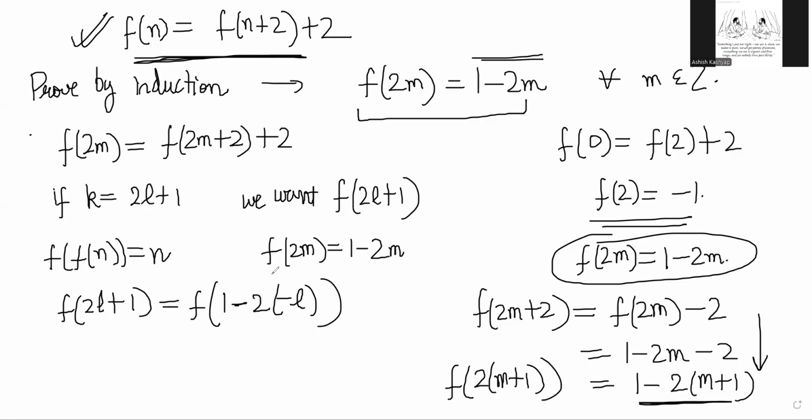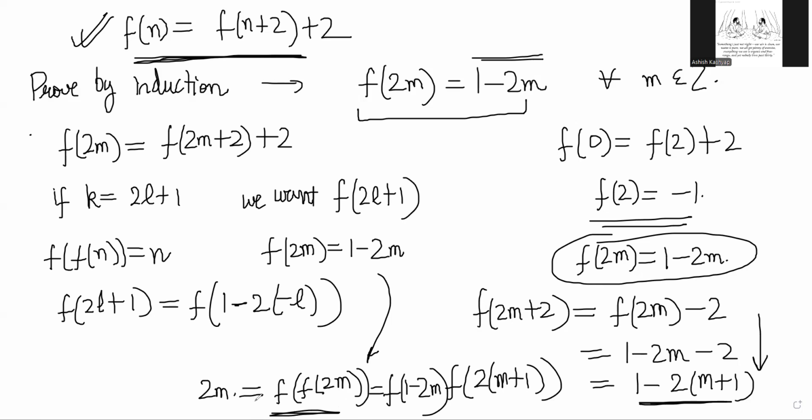So think about it. If I do f of 2m, from here, that will be equal to f of 1 minus 2m. And this part is equal to 2m, right?